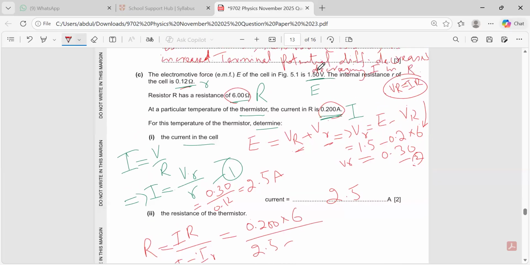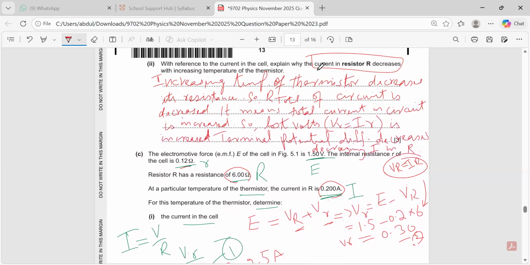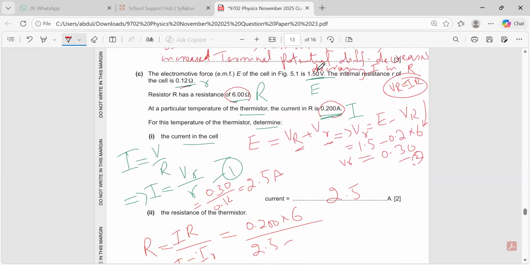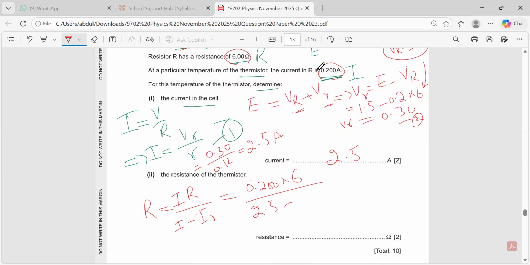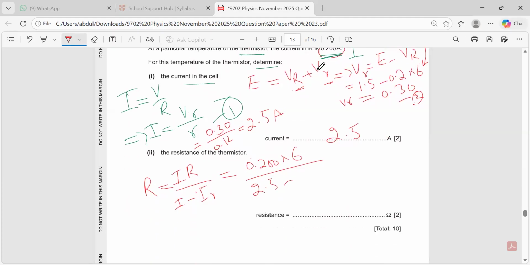The current in the battery, my dear friends, we can calculate. No, sorry, total current minus current across R, that is given. The current across R, my dear friends, is 0.200. I think I'm tired now. A bit lagging in concentration. I will re-explain it. But on simplification, my dear friends, we will get 0.52. So here, resistance is 0.52.